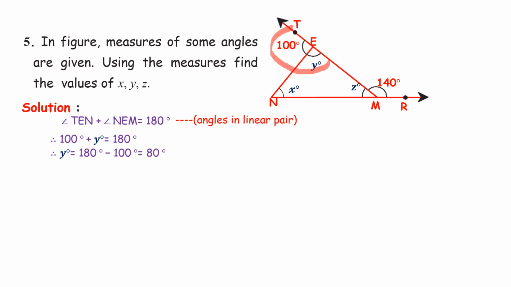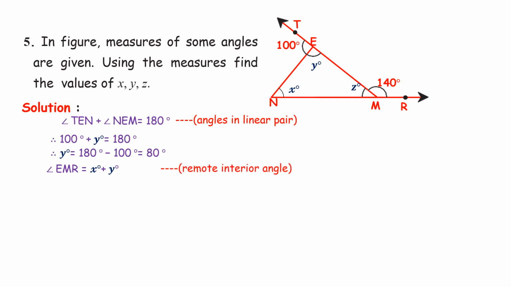Now, here, how to find out the value of x? Here, x plus y is equal to 140. Remote interior angles theorem. Angle EMR is equal to angle x plus y.